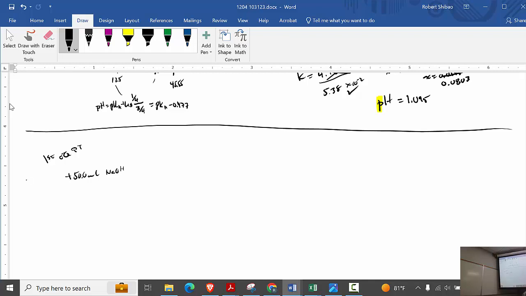And then we had our 25.0 milliliters of oxalic acid. Oxalic acid, I don't want to write it over and over again, so I'm going to call it H2Ox.